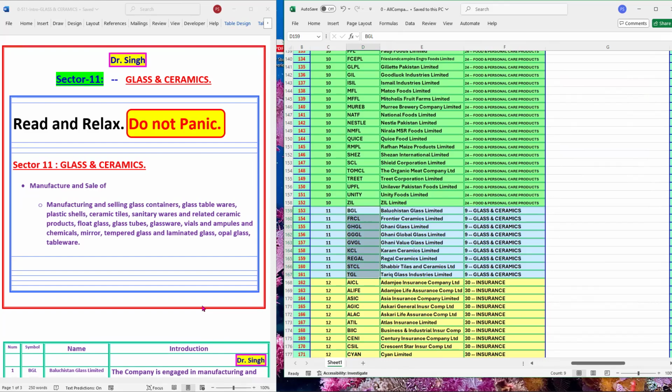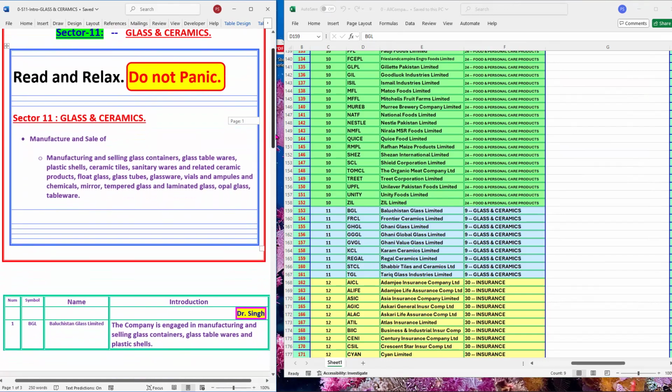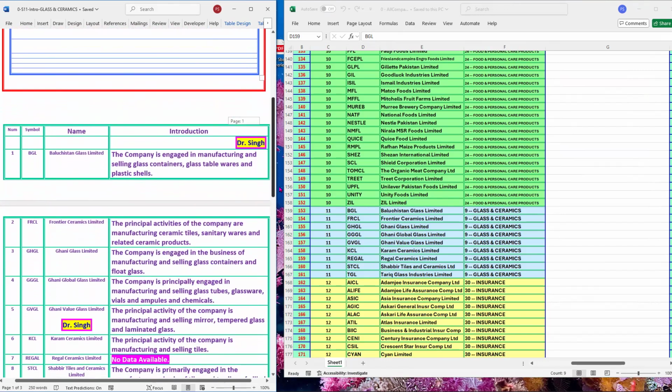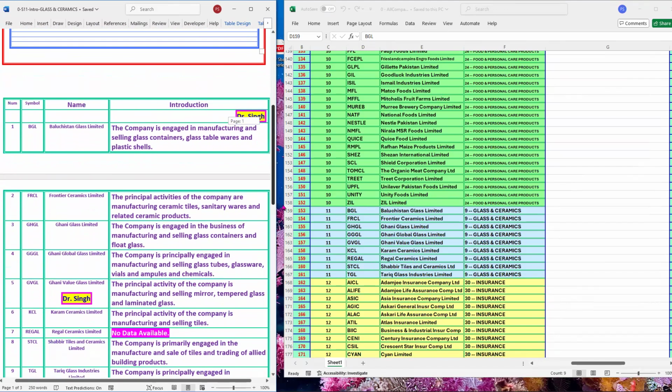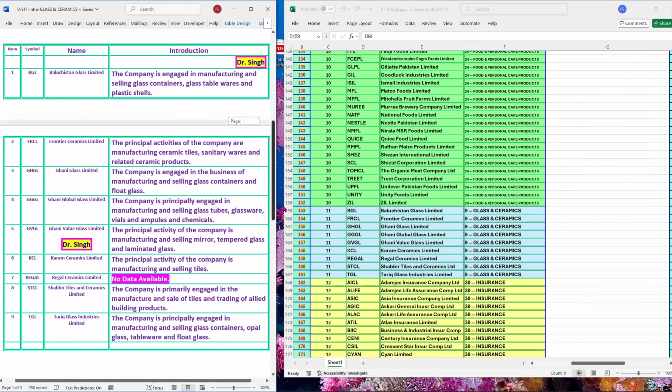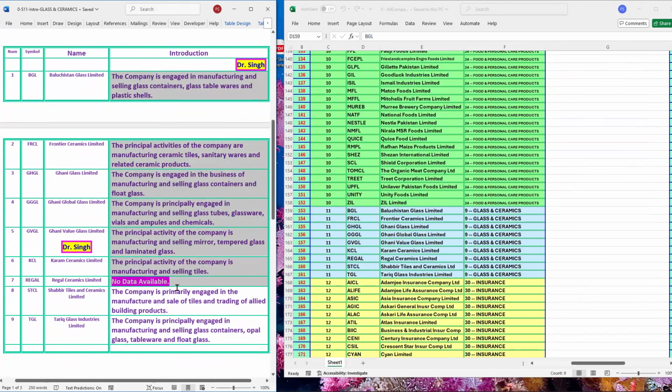So I have given you a general brief introduction of this particular industry, and now we're going to see those 9 companies, and this is the summary of those 9 companies on the left-hand side right over here. This is what they do. Okay, so you can read, pause the video if you have to.